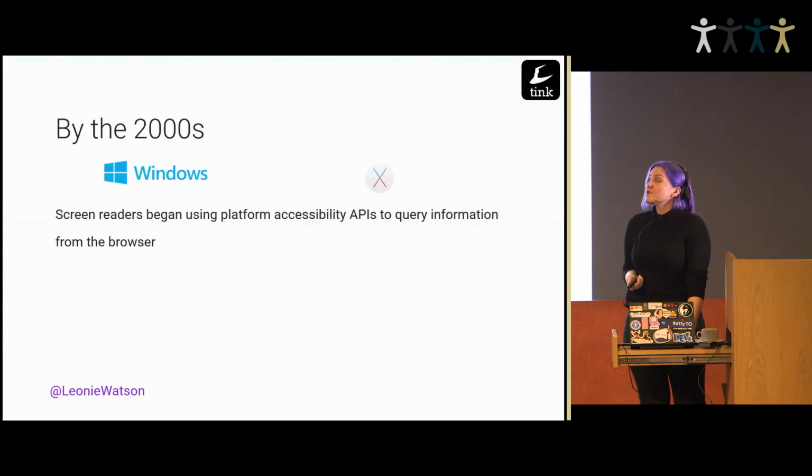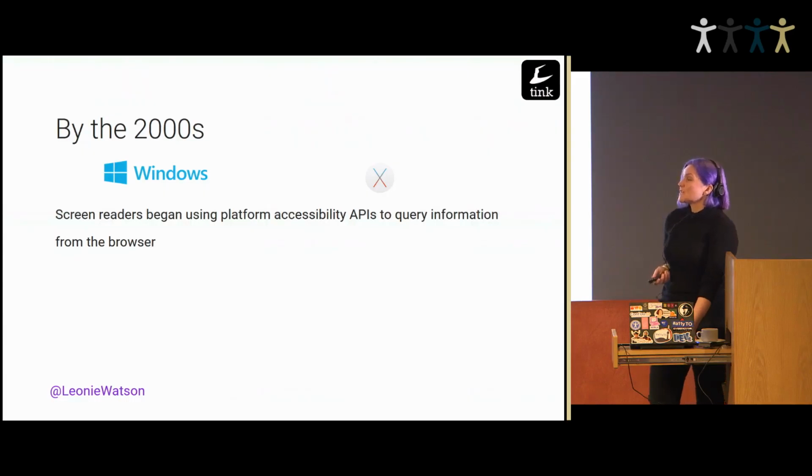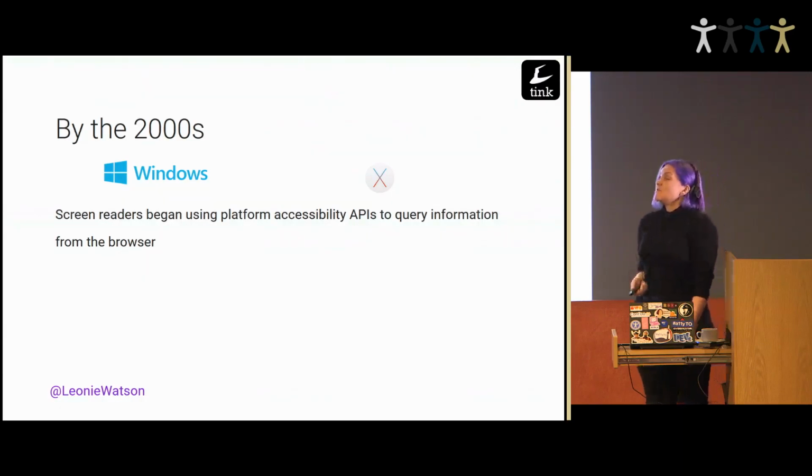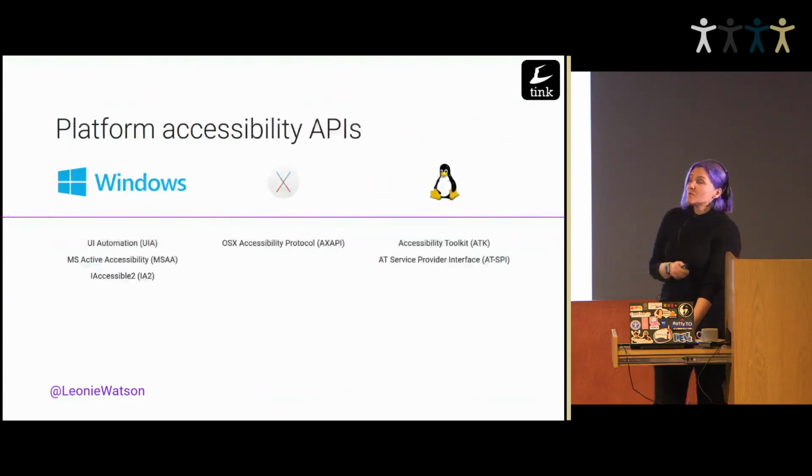So the browser really took on the job of doing all the heavy lifting, and the screen reader just had to come along and say to the browser, now you've taken that HTML and you've done your DOM representation and your graphical representation, tell me what you know about the accessibility representation of this content. And that structure is known as the accessibility tree. By the mid-2000s, we also had VoiceOver from Apple. So again, there was more choice here as well with this change in environment for the relationship between the two pieces of software.